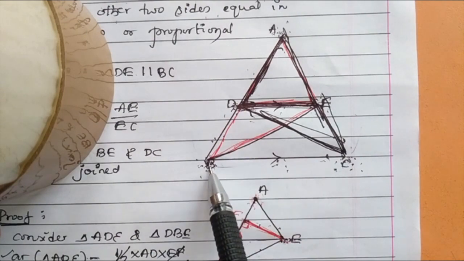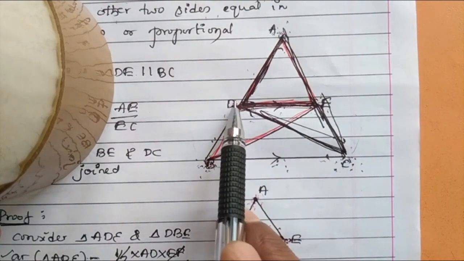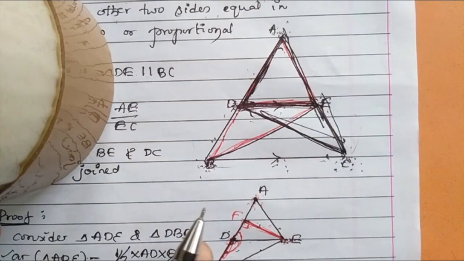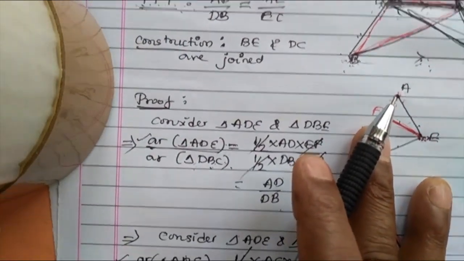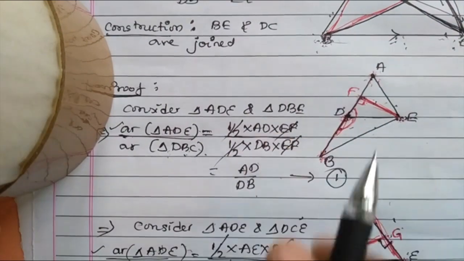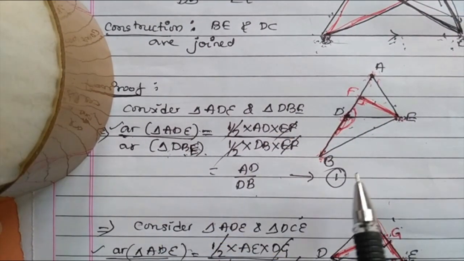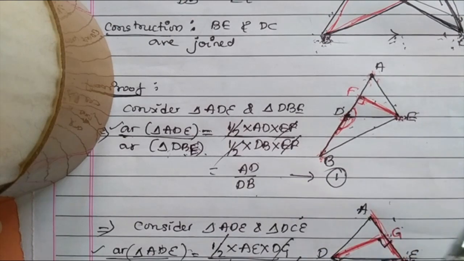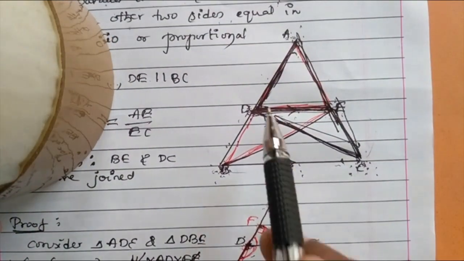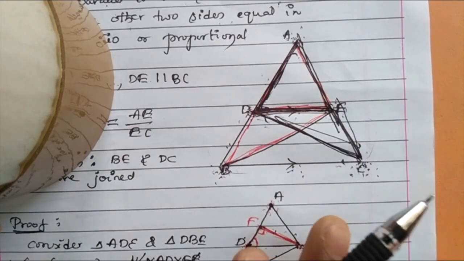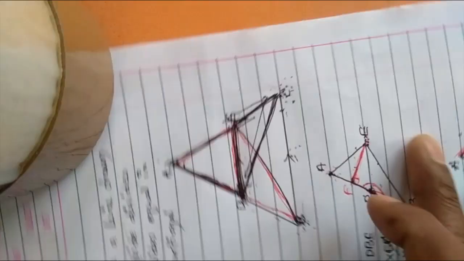Let us see. Look at DBE and DCE. So to correct this, it is not DBC, it is DBE. Sorry, it is DBE. DBE triangle and DCE triangle. Look at both the triangles: they are standing on the same base and between the same parallels.